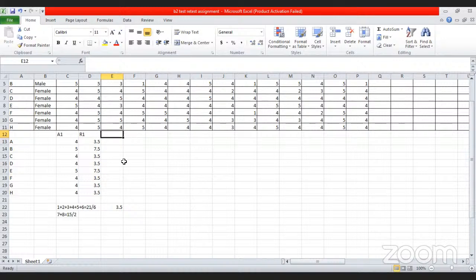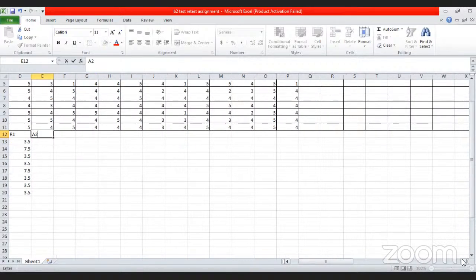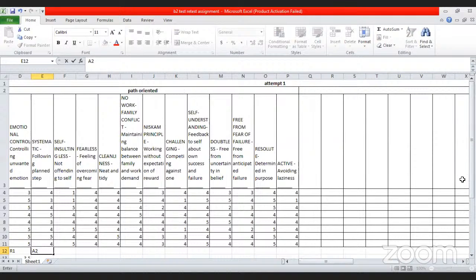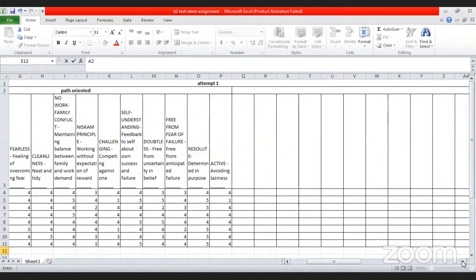Now I will write it down. In A2, I have to select the data from the attempt for this correlation.